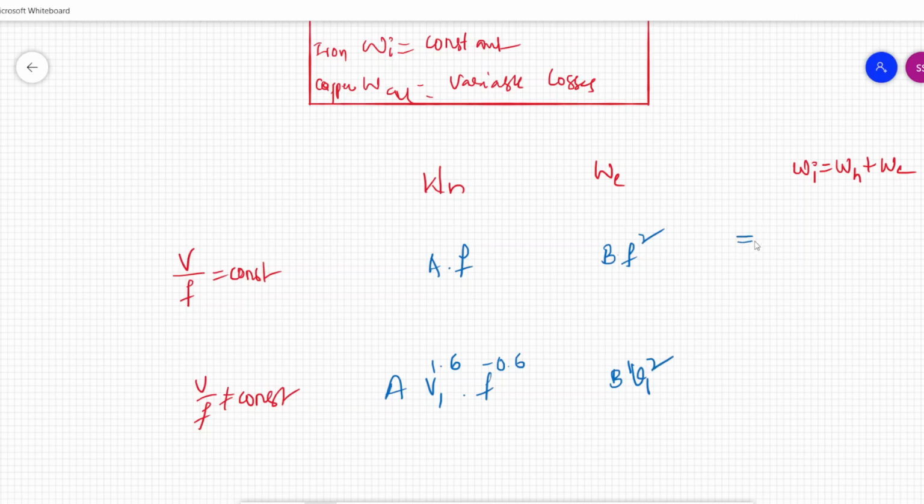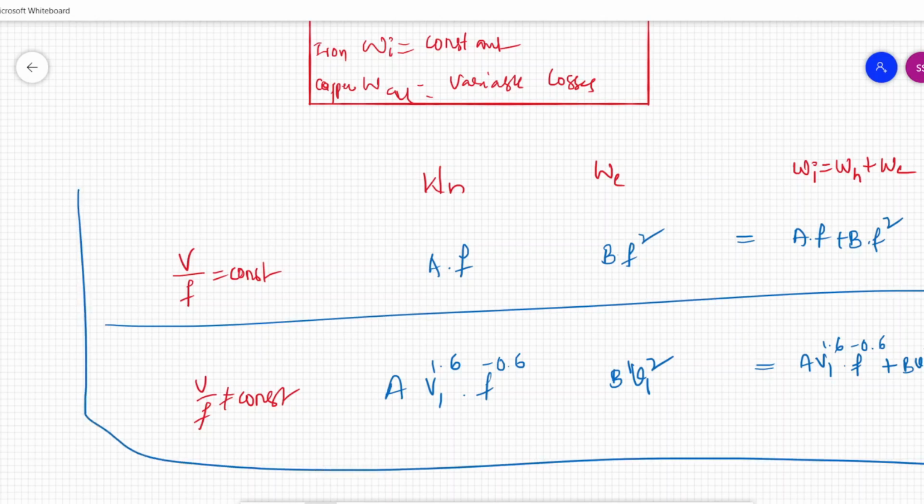So let us add them. Total iron losses when V by F ratio is kept constant is A into F plus B into F square, and A into V1 power 1.6 F power minus 0.6 plus B into V1 square when V by F ratio is not kept constant.